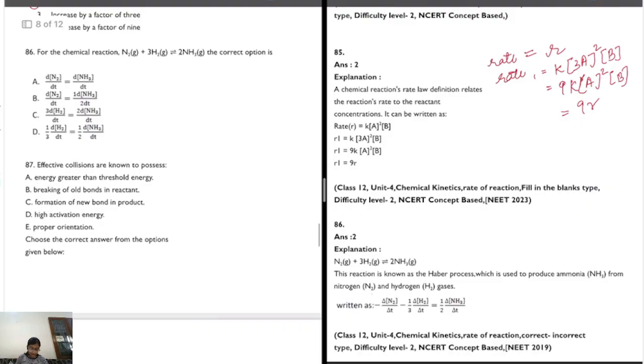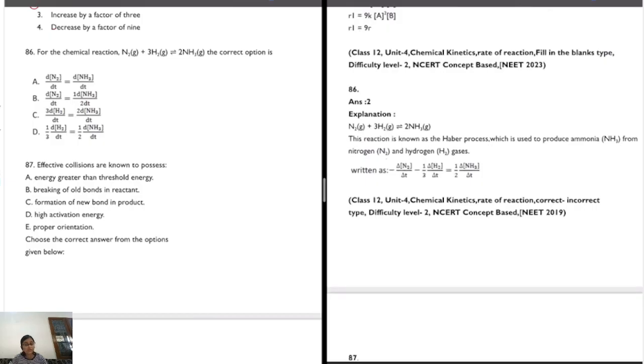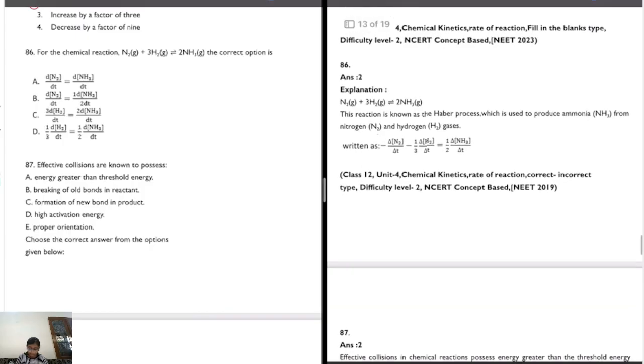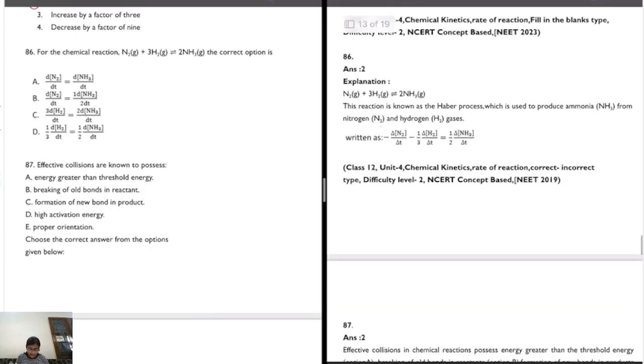In the next question, for the chemical reaction N2 plus 3H2 gives 2NH3, the correct option is? We just have to write it in the differential form. See, this is the very well known Haber's process to produce ammonia. We can write it in this form: every species of the reactant will have a negative sign since it is getting exhausted, and it will be written with respect to time and divided by the stoichiometric factor that it has.